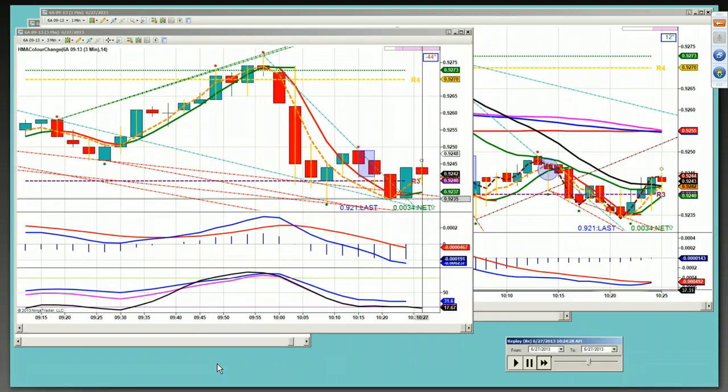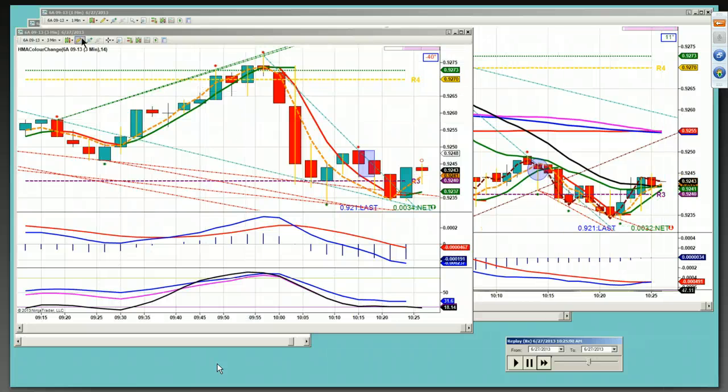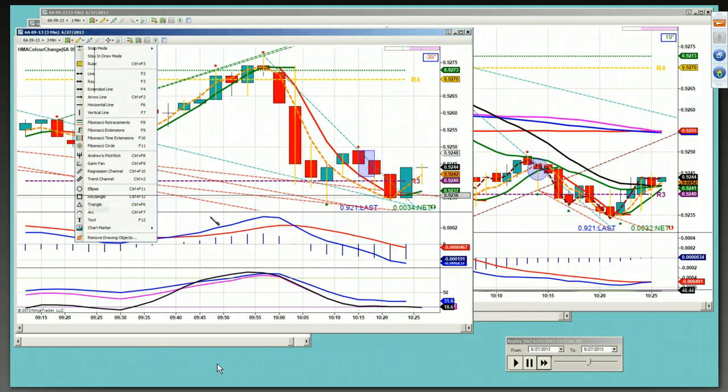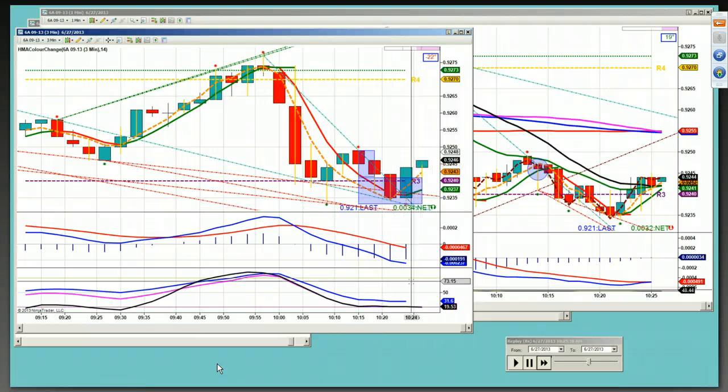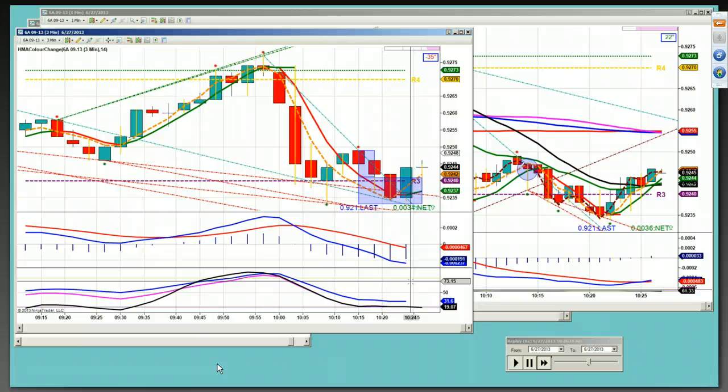And see, look, now it's going long in the counter trend. So this whole time it held true to the support of the HMA.